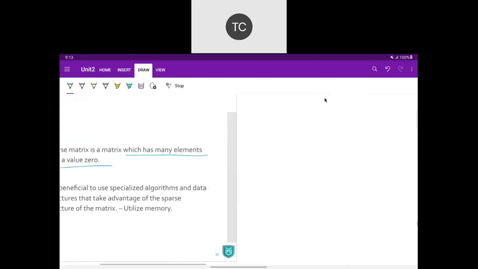And the example for that, what is this? Which kind of matrix is this? Diagonal, principal diagonal has 1, all other elements are 0.